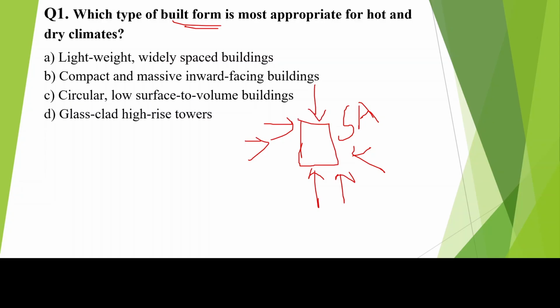It allows lesser heat transfer between the outdoor and the indoor, and overall reduces the solar exposure also. And buildings should be inward facing in narrow streets, which enables mutual shading and minimizes the openings to the east and west, which have the higher direct solar radiation intensity. I hope this is clear to all of you.